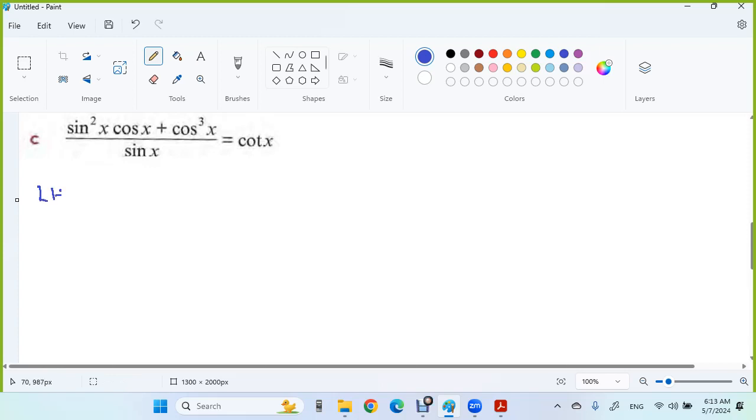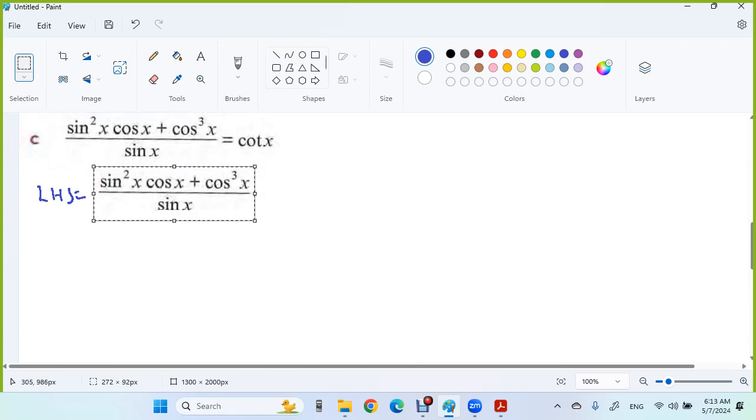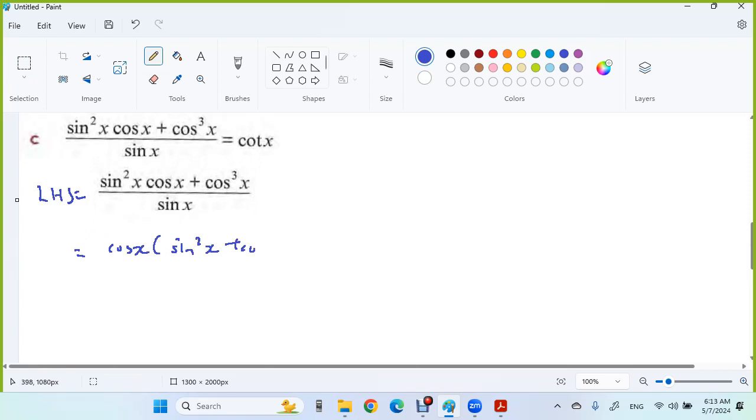For this question, left hand side is this. We can factorize the cos x. Then we have the sine square x plus cos square x, and the whole thing divided by the sine x. Then we have the cos x multiplied with 1 over sine x.